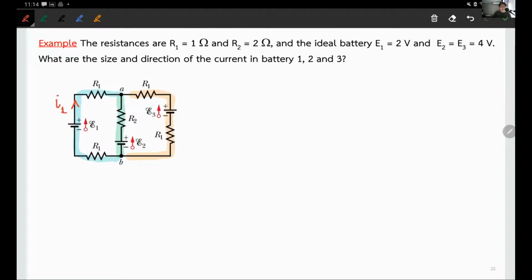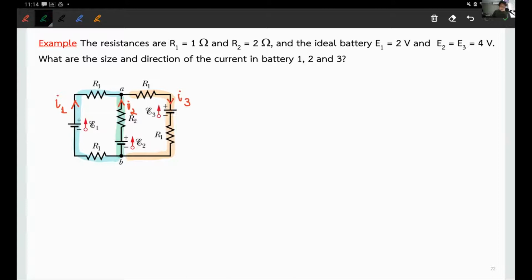Let me call this I1. And let me assume the current flows up in the middle wire, I2. And just to change the pace a bit, let me have the current on the right wire flow down, I3. But you can pick any direction you want.